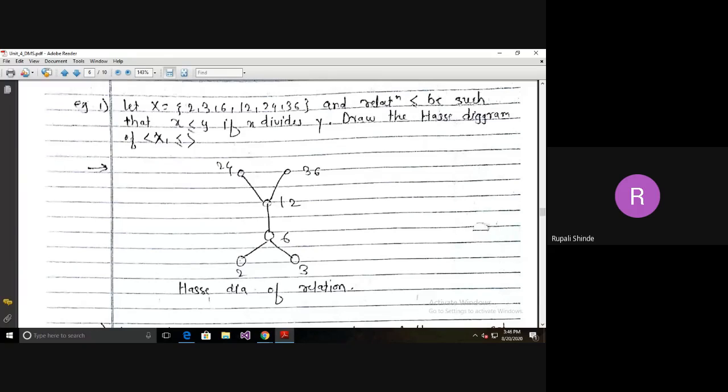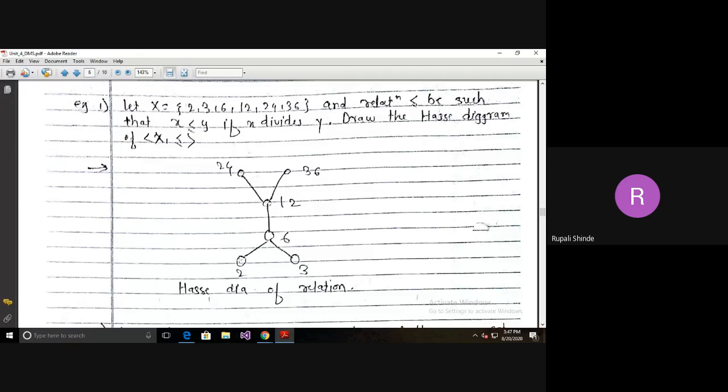Now both 2 and 3 divide 6, so they should be connected by a single line. So 2 divides 6, 3 divides 6. Now the next element is 12. Now consider that 6 divides 12. That's why I have placed here a direct line from 6 to 12.